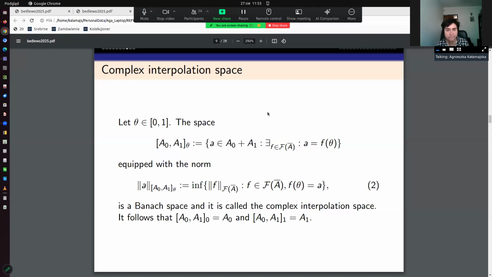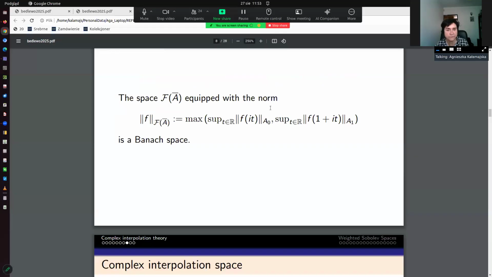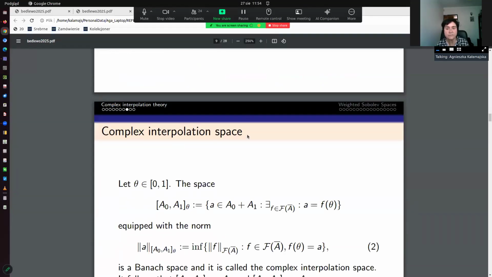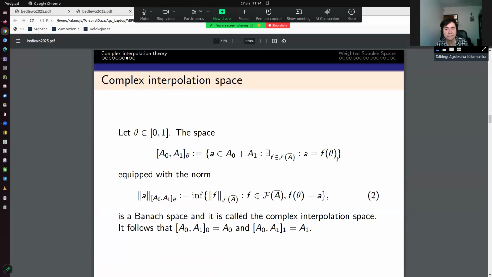So in that Banach class of functions defined on the strip, such that f of theta, where theta is in the strip with imaginary part 0. So that element A is reached by f, A is equal to f of theta.